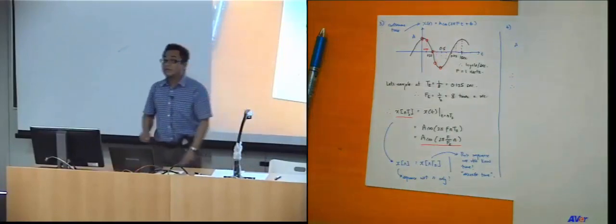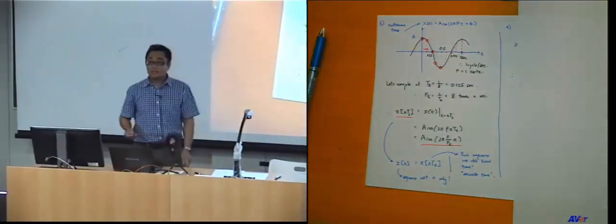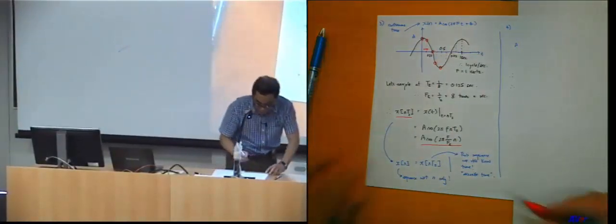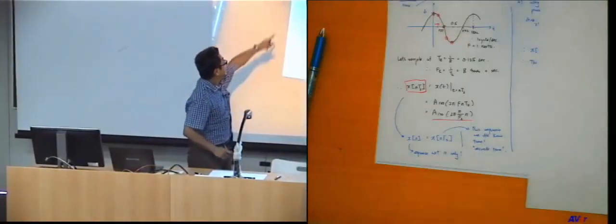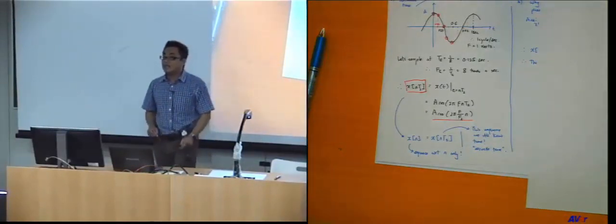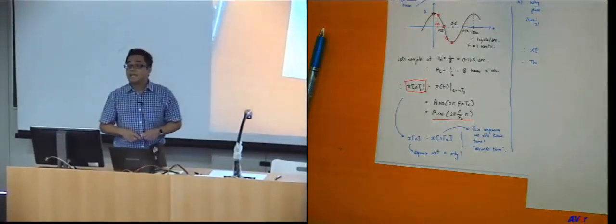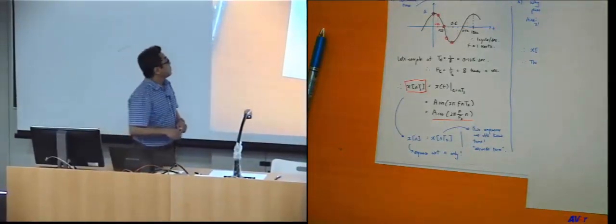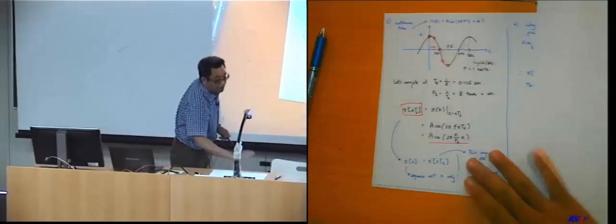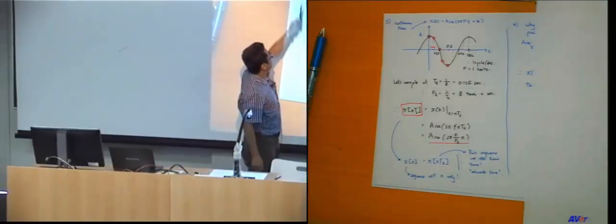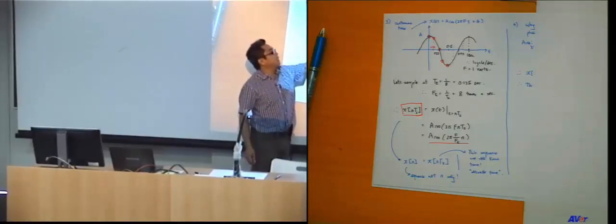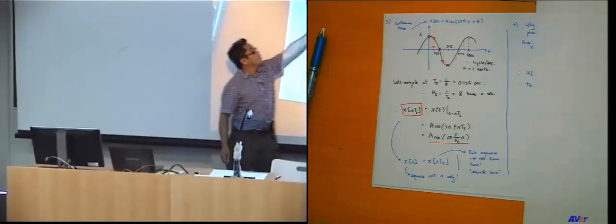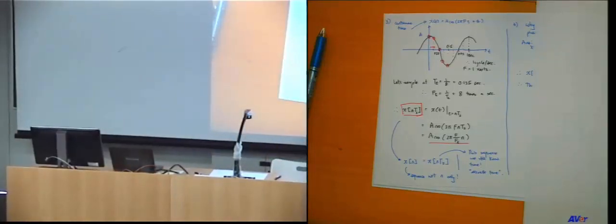Now we have the representation of the signal in this form: x of nTs, where Ts is the sampling time. So the equation goes from x of t, which is continuous time, to discrete time, because we are only taking the signal x of t at times nTs, where Ts is 1/8 of a second.